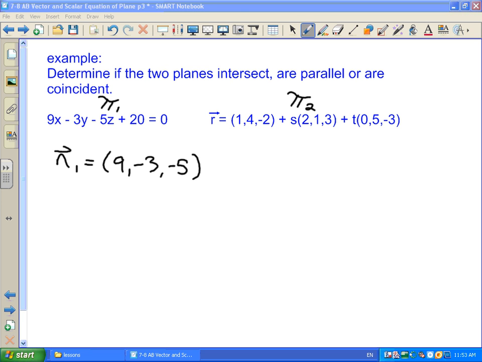We can check to see if these things are parallel if we can compare this to a normal from the other plane. We can't easily get the normal from the other plane. What we can easily get are our 2 direction vectors, (2, 1, 3) and (0, 5, -3).